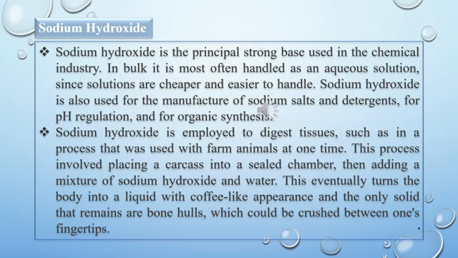The remaining things are just bones, which are very soft now and can be crushed by fingertips. So this is the main introduction of sodium hydroxide, in which we have discussed that sodium hydroxide is a principal base. And the second point is that sodium hydroxide can be used to digest tissues.